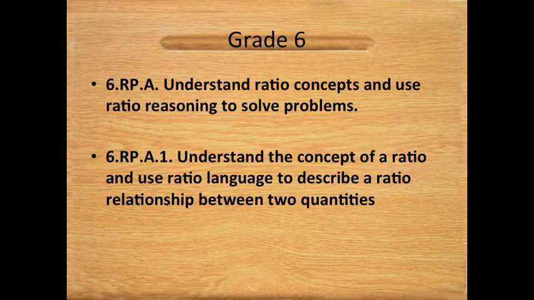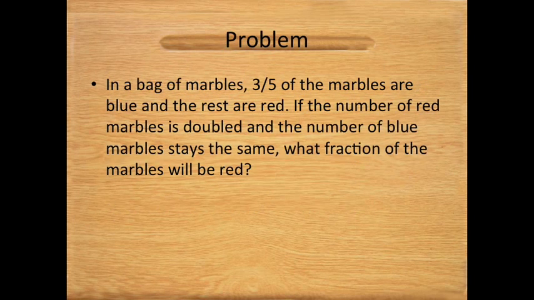So again, in grade 6, it starts looking at the language of the comparison of quantities of a part to a whole, or part to part, or group to group, set to set. So we're starting to look at the language in grade 6. Let's look at a problem that will start to distinguish between fractions and ratios in grade 6.